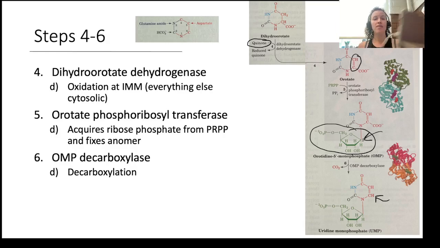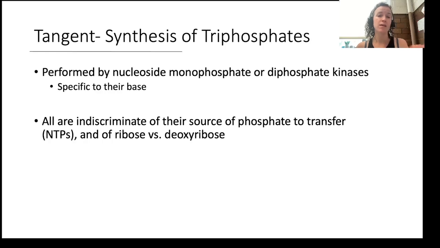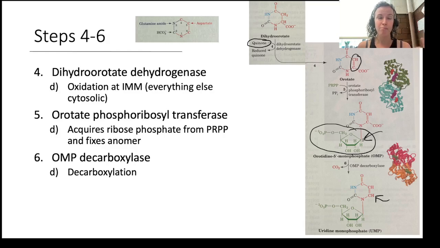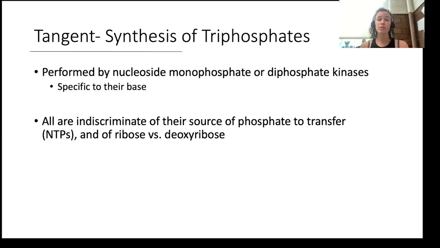Now, at this point, we need to take a slight tangent, folks. So how do we get to CTP? Well, CTP first has triphosphate, right? And we just made what? UMP, monophosphate. So we first need to just get more phosphates on there.